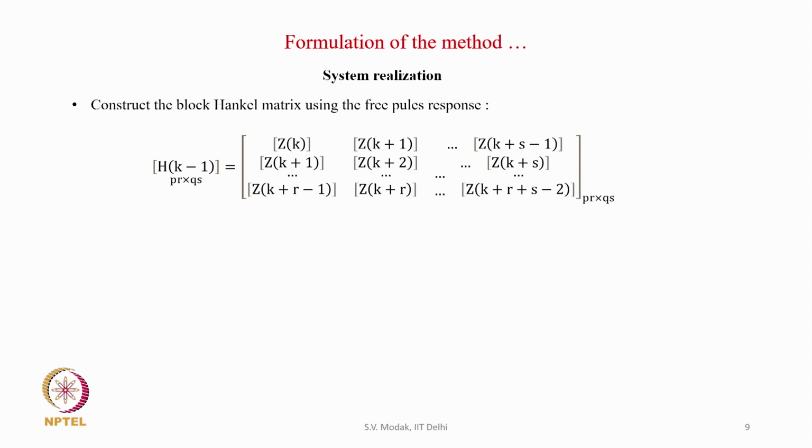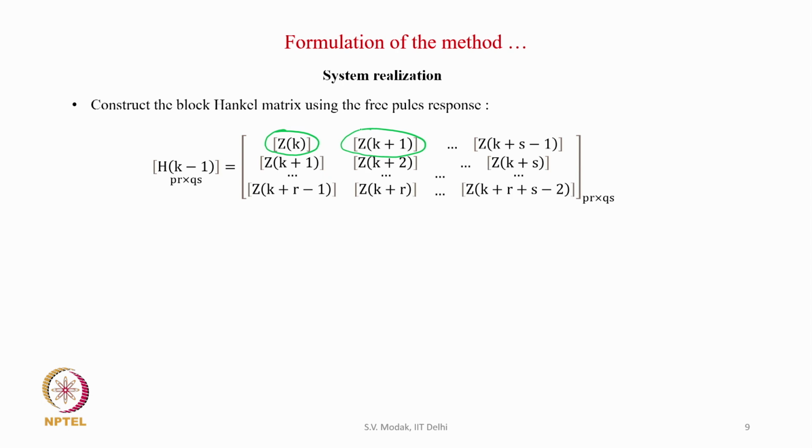You can see we first of all have in the first row this free pulse response matrix we saw on the previous slide, at a certain instant in the discrete time space, and now we advance the instant by one interval. At the next instant again we can obtain this matrix of free pulse responses, and that is nothing but the free pulse response matrix zk plus 1, isn't it.